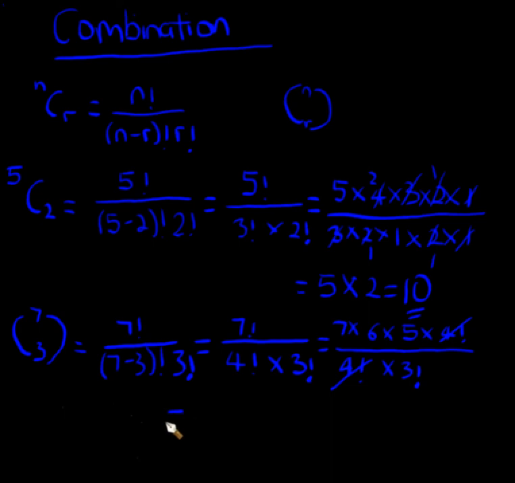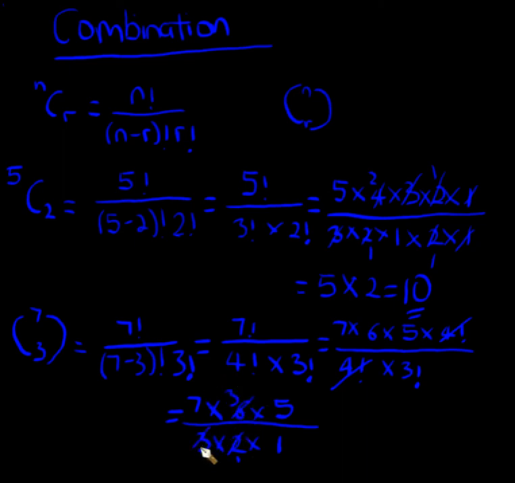So this gives us, we are left with 7 times 6 times 5, right? All over 3 factorial. And we can choose to open up 3 factorial right now, right? So 3 factorial gives us 3 times 2 times 1. Can anything cancel out? Yes, most certainly they can. 2 into 6 gives us what? 3, right?